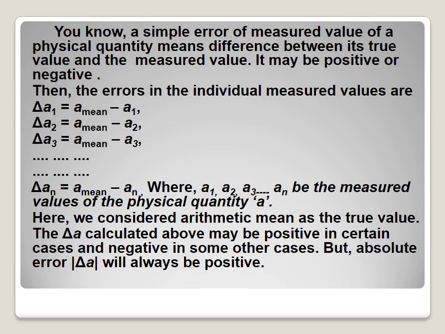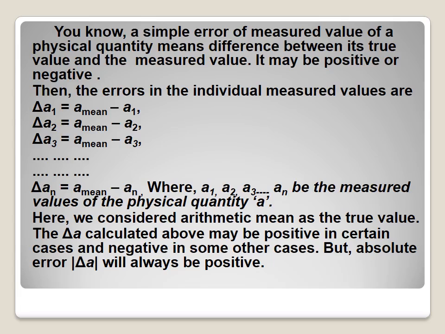Then the errors in the individual measured values are delta A1 is equal to A mean minus A1, delta A2 is equal to A mean minus A2, delta A3 is equal to A mean minus A3, and so on till delta An is equal to A mean minus An, where A1, A2, A3, etc., An are the measured values of the physical quantity A. Here we consider the arithmetic mean as the true value.